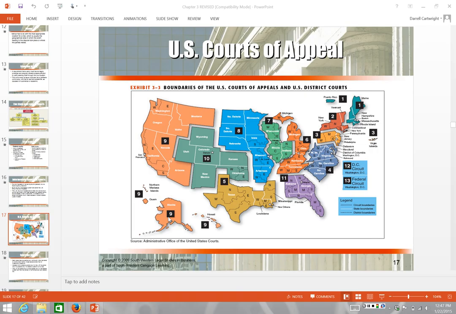In addition to the 11th Circuit Court of Appeals, the 5th Circuit Court of Appeals is also important because prior to 1981, the states of Alabama, Georgia, and Florida were part of the 5th Circuit Court of Appeal.